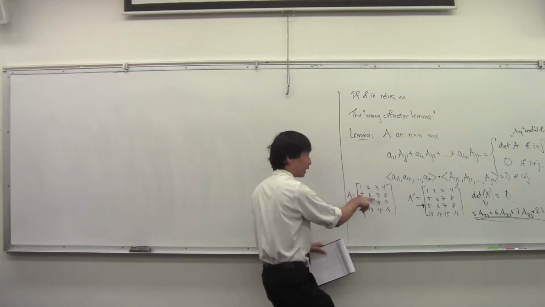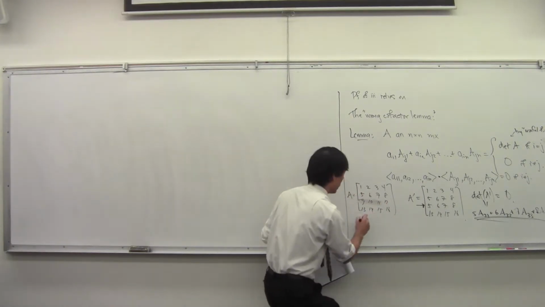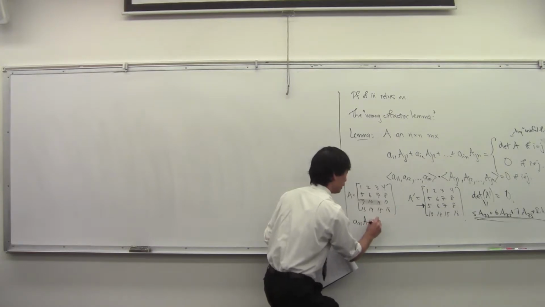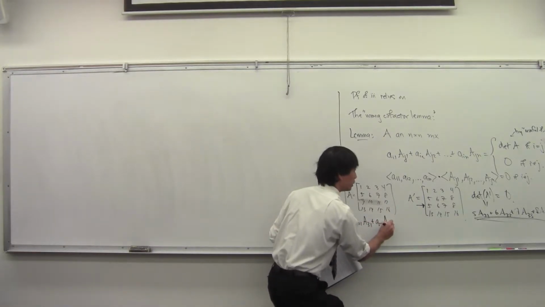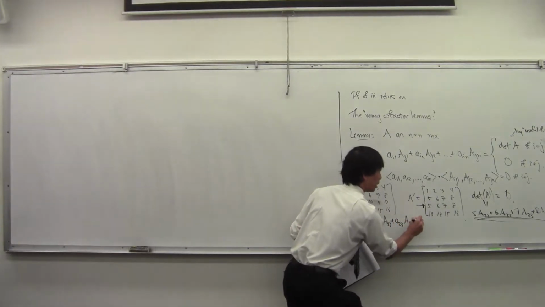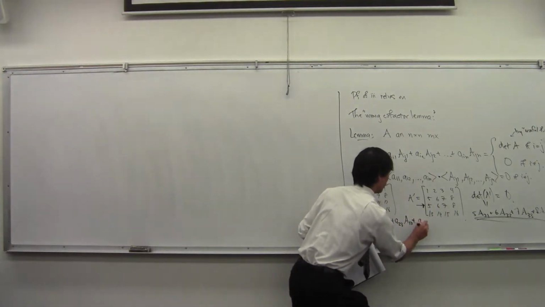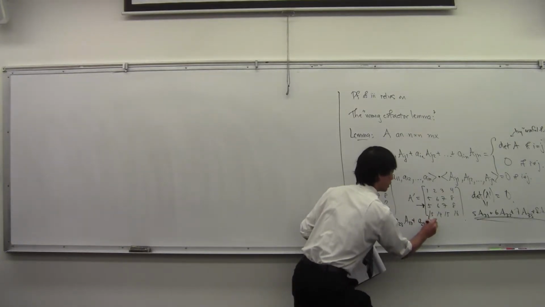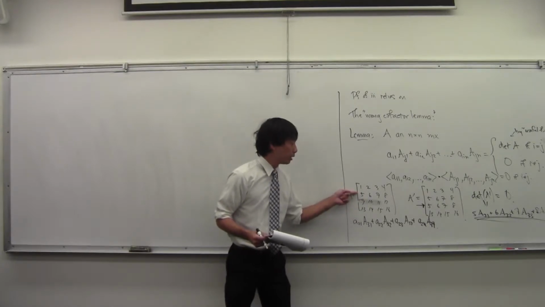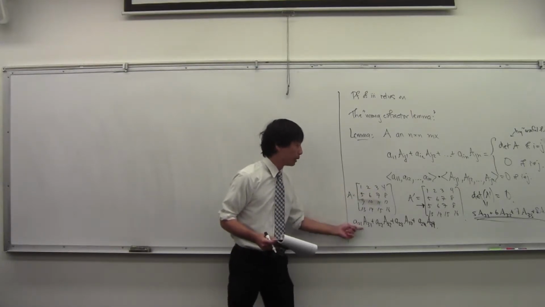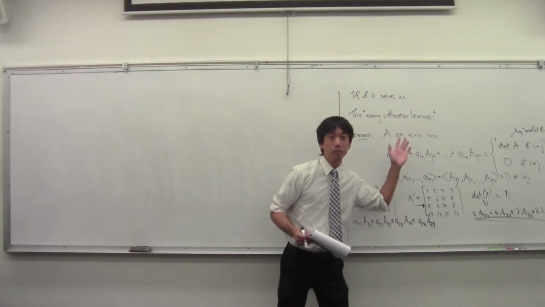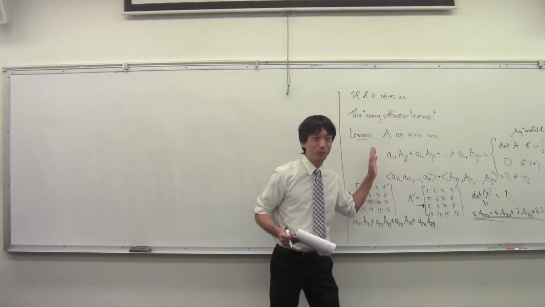If we go back to our original matrix, that is a21 A31 plus a22 A32 plus a23 A33 plus a24 A34. And so you see that if you use the entries from one row, but the cofactors from the other row, you get 0. That's the proof.